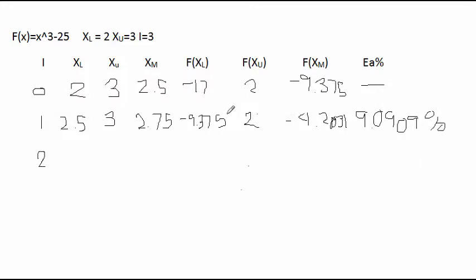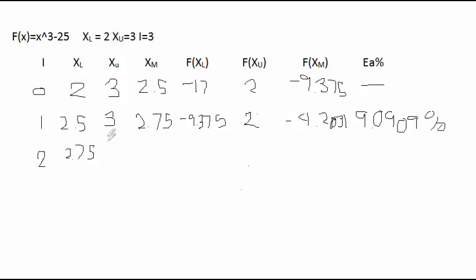Now, examine again the algorithm. We will multiply the function of the lower limit by the function of the midpoint of x. It is still greater than 0. Now, we will set the midpoint of x as the new lower limit, which is 2.75.